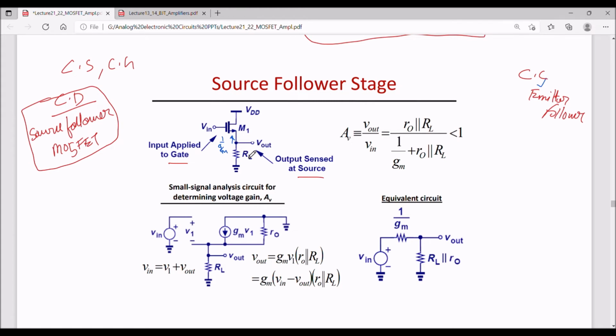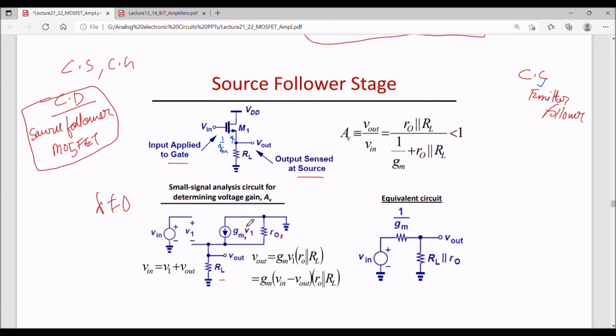Now for this circuit, one can find out the gain. Small signal gain can be found by drawing the small signal model circuit for this circuit. So the small signal model circuit has RL, gm V1, and let us say lambda is not 0, so ro or ro1, gm1.